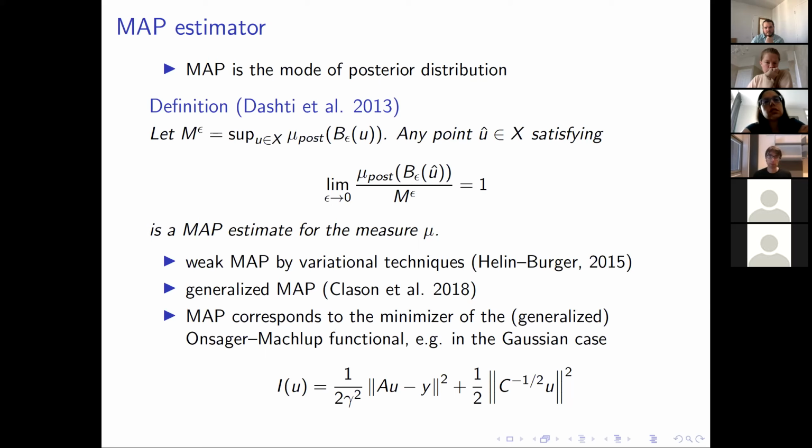a point that scales well in the limit of small ball probabilities. So the posterior measure of small balls around a MAP estimator, in the limit, attains the highest mass around itself. And that sort of point is a MAP estimator in their definition. Well, you can approach this from a little bit different perspectives.